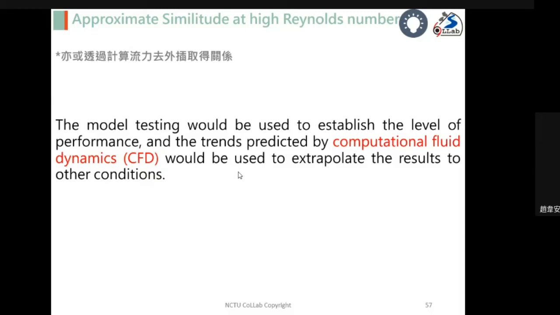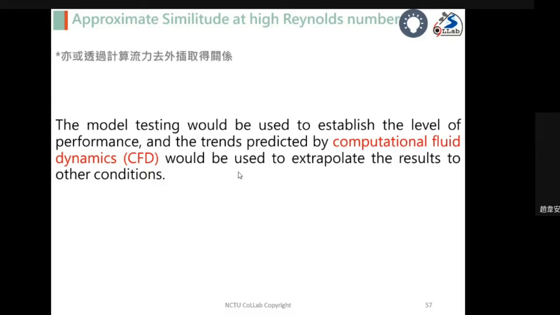Usually we would like to have dynamic similitude, with the Reynolds numbers equal, to predict the prototype performance for dependent pi groups such as the pressure coefficient, the force coefficient and the shear stress coefficient.